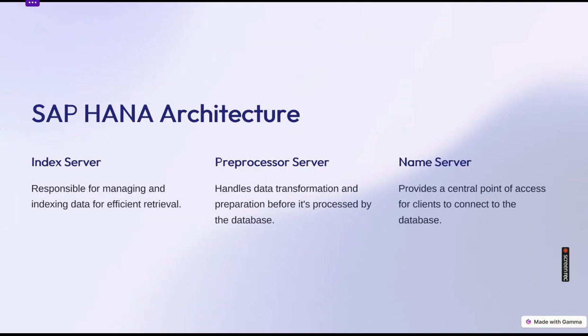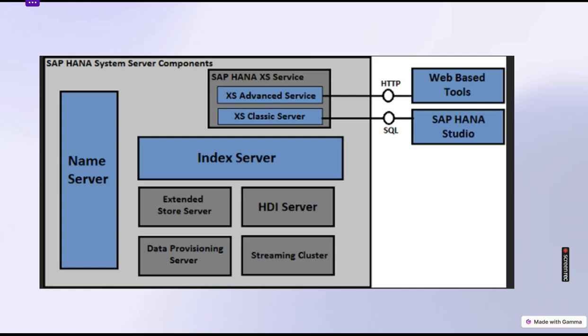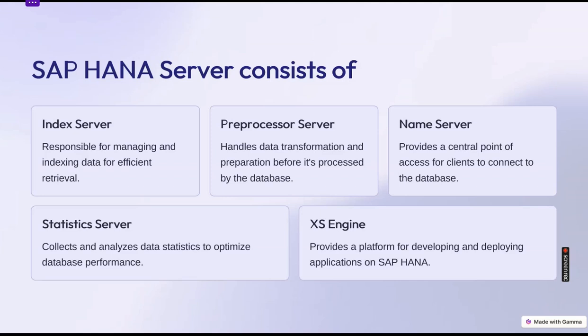Now we will talk about SAP HANA architecture. So this is the architecture of our SAP HANA. First we will discuss the index server. Basically, the index server is our main component in the HANA structure and it contains all the actual data.